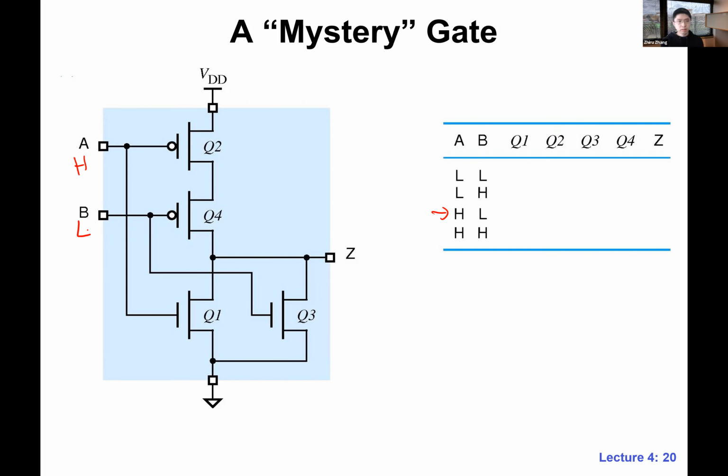Is it NMOS still? Just look at this. Which transistor is on? Here, Q2 is off, because A is high. This one is on, because B is low. But since these are in series, this whole path is off. The PMOS network is off. So that means Z is still low. The NMOS network is conducting, and Z is low.